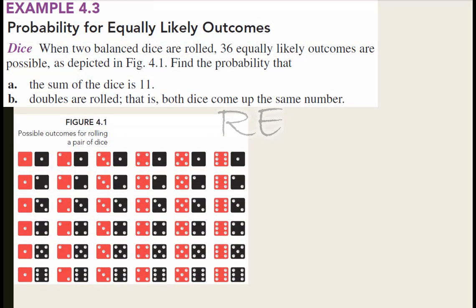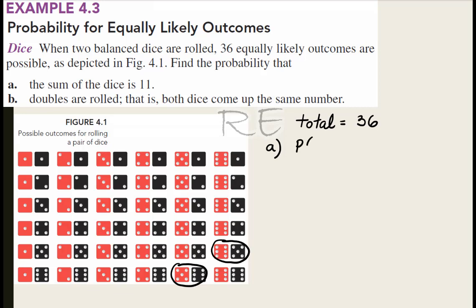Probability of equally likely outcomes. The total is 36. We are being asked to find the probability that the sum of the dice is 11. We have 6 and 5 and 5 and 6.